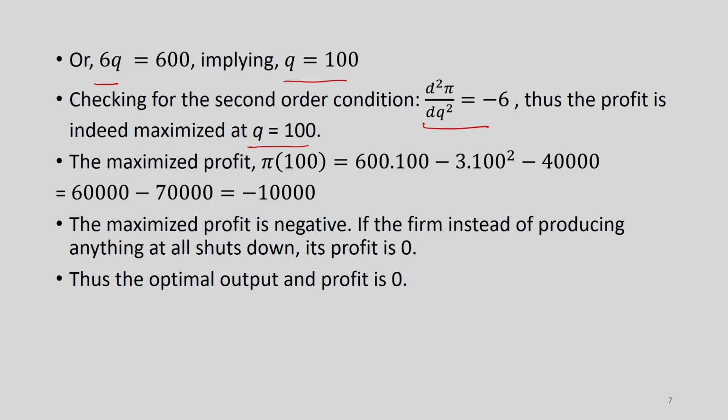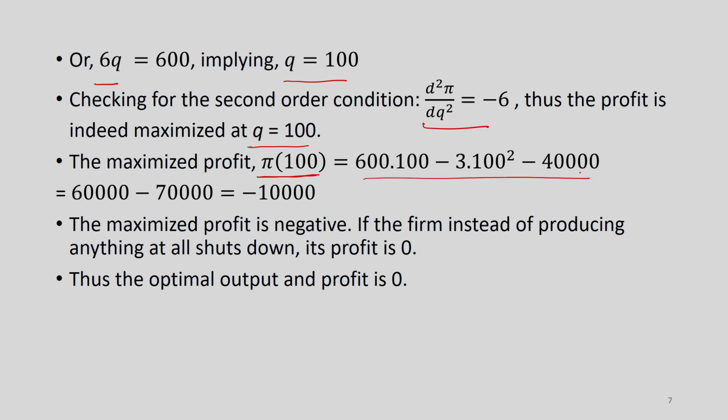When the producer has maximized his profit, what is the volume of that maximized profit? Here the maximum profit is occurring at q is equal to 100. So, I put q is equal to 100 in the profit function.